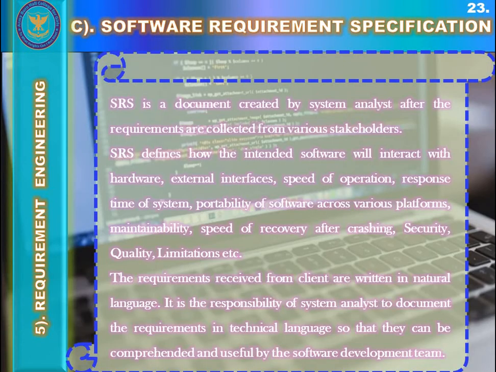So we were talking about the requirement engineering phase. In this phase, we talked about its first step, requirement gathering, and its second step, requirement validation. Now we are talking about the third step of requirement engineering, that is requirement specification, which is concerned with the software requirement specification document.